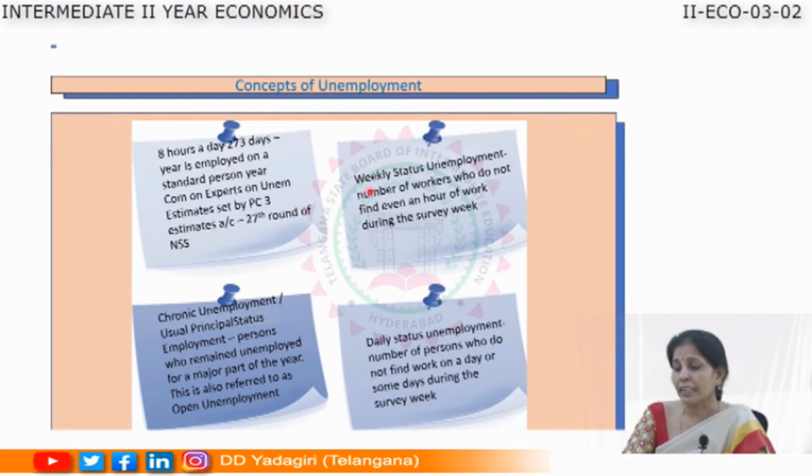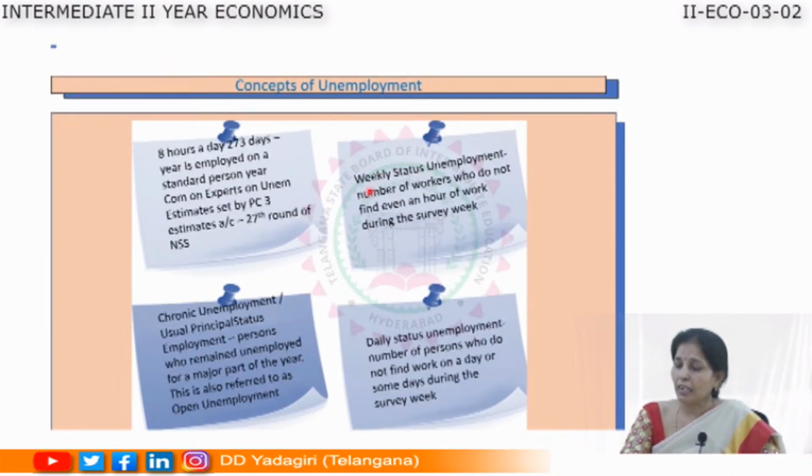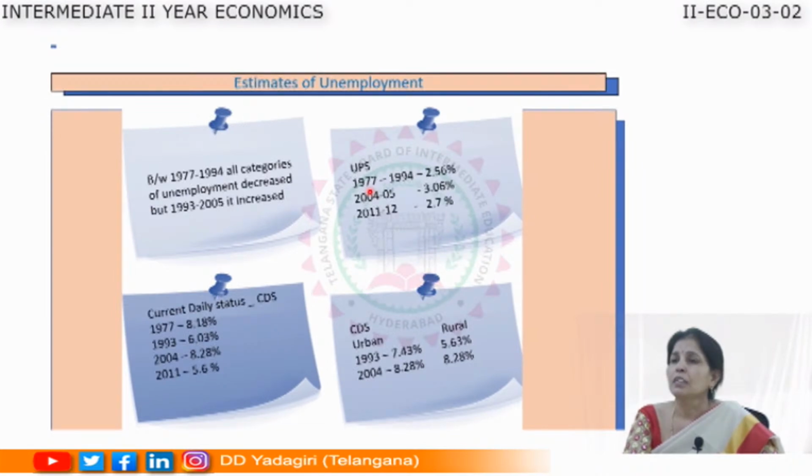Let us see the extent of these kinds of unemployment. How are they? Between 1977 and 1994, for all the categories, that is current status, daily status and weekly status unemployment, have a look at this. According to the current daily status unemployment, it was 8.18% in 1977, which has come down to 5.6% according to 2011.